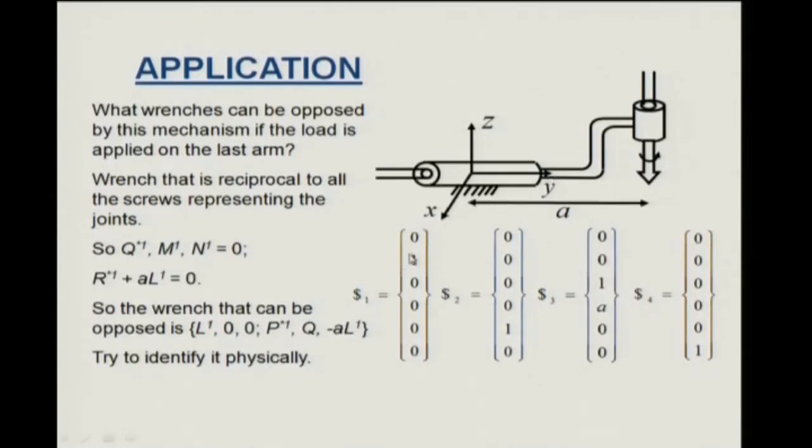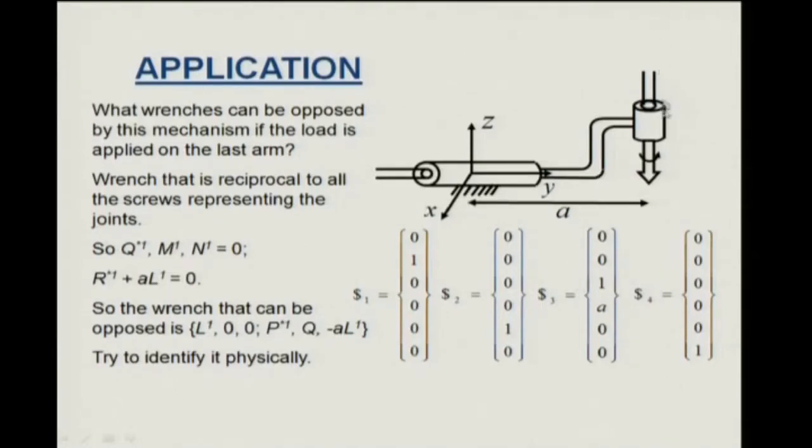So these other components will all be 0. Now you can also translate along the y axis. So q will be 1, and everything else will be 0. So this is a screw at infinity.